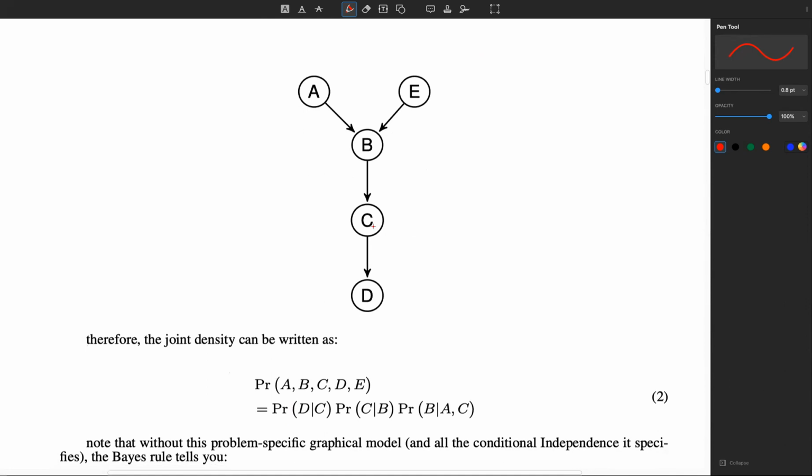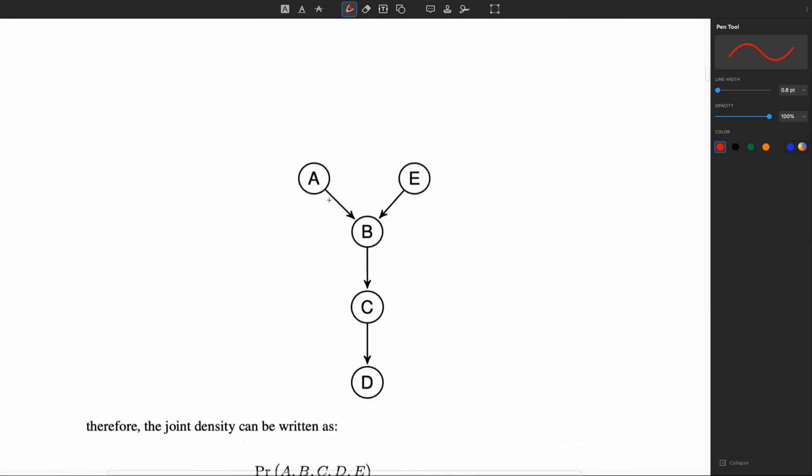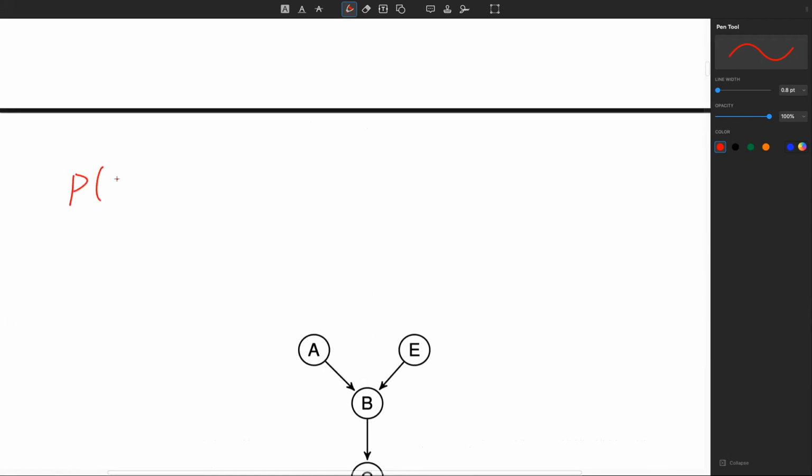Everyone here has studied some form of Bayesian theory in your subjects, yes? Can I just ask, without looking at this probabilistic graphical model, if I say you have 5 random variables, A, B, C, D, E, how can you write the joint density P of A, B, C, D, E using Bayes theorem in terms of its conditional and marginal densities?